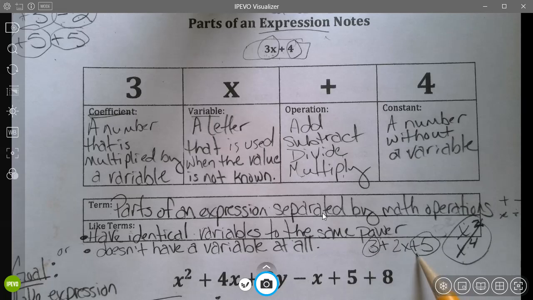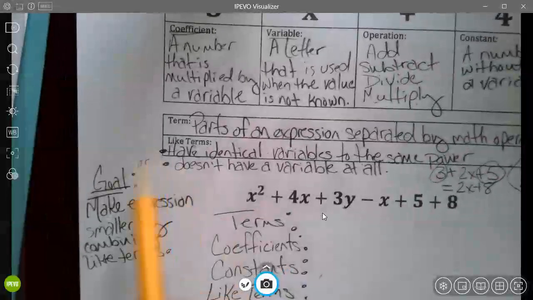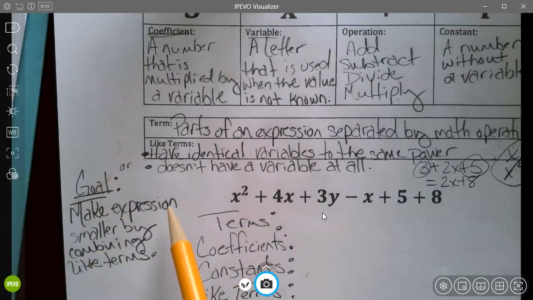I have 3 with a positive 5. So 3 plus 5 would be 8. And then I could just write this as 2x plus 8 because I combined my like terms. And that is the goal. The goal is to make your expression smaller or simpler by combining the like terms.